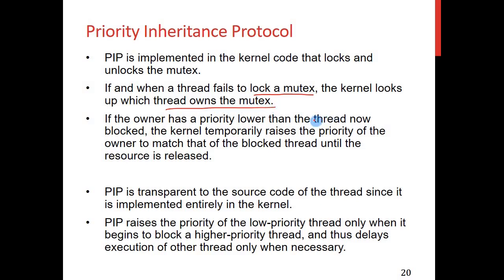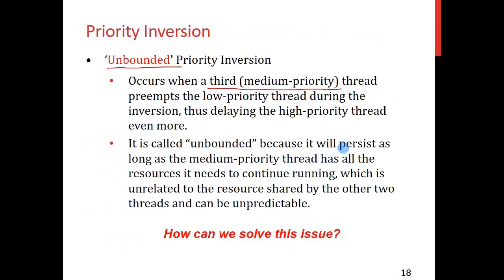If the owner of the mutex has a lower priority, then I will temporarily raise its priority to match that of the blocked thread. Why does this work? Because the moment I raise the priority to match the high priority thread, the medium priority thread is removed from the picture. Let me explain this again.